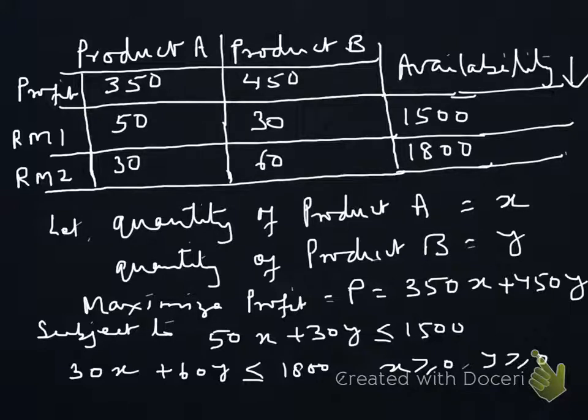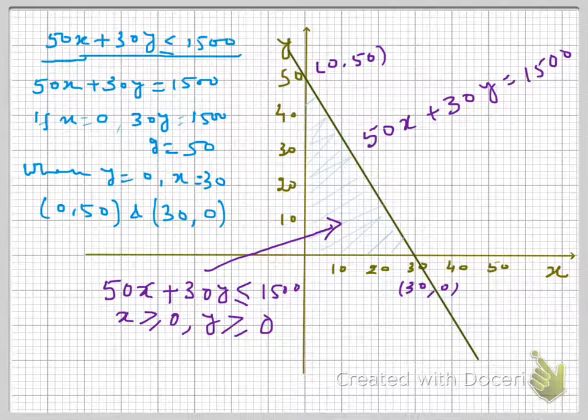Now let us take the first constraint, that is 50X plus 30Y less than or equal to 1500. We are trying to find the feasible space, such a space which satisfies this constraint and also X greater than or equal to 0, Y greater than or equal to 0.